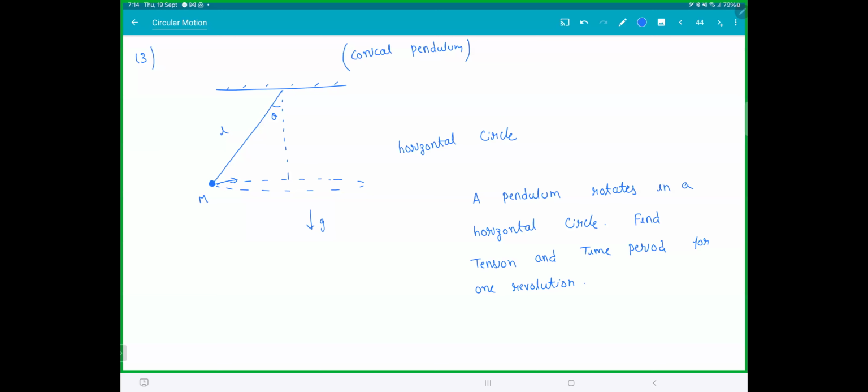Same thing. Step 1, choose a system, draw the FBD. Step 2, assign acceleration. Step 3, write equation. Step 4, solve. The game is still the same.